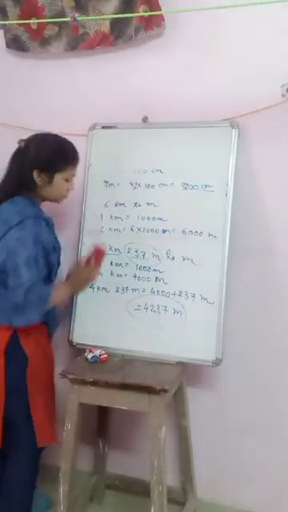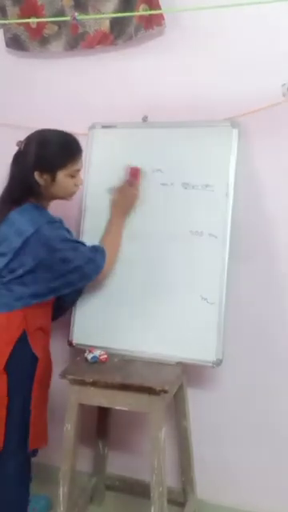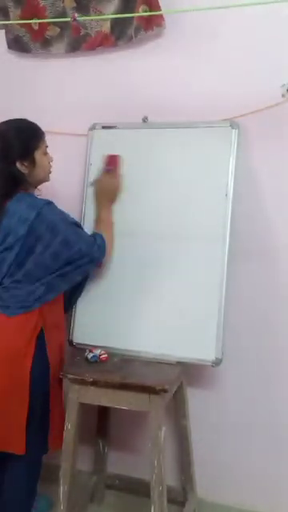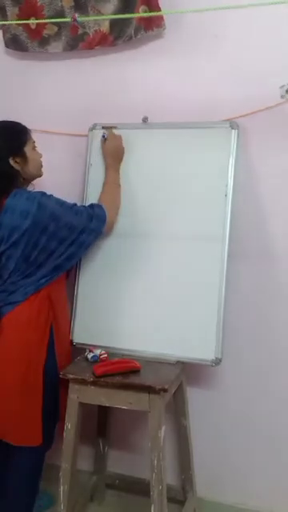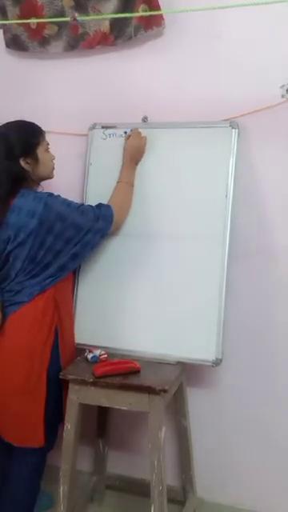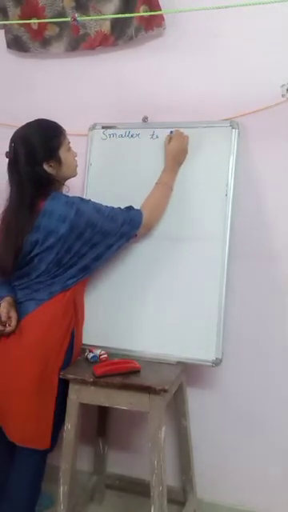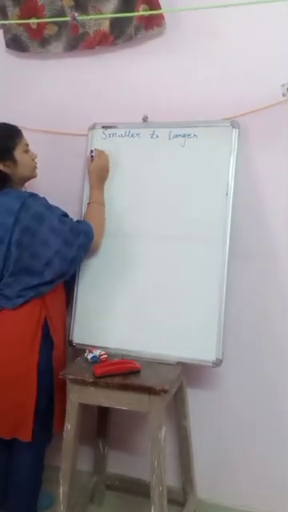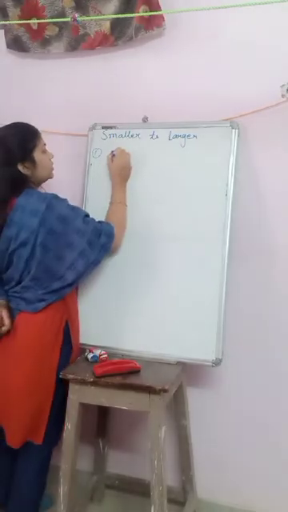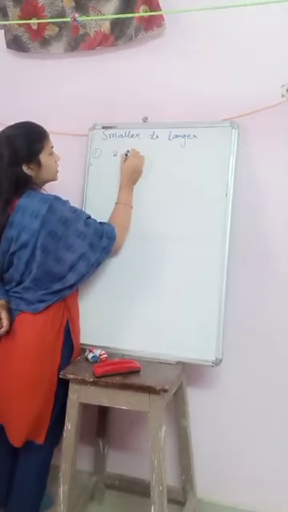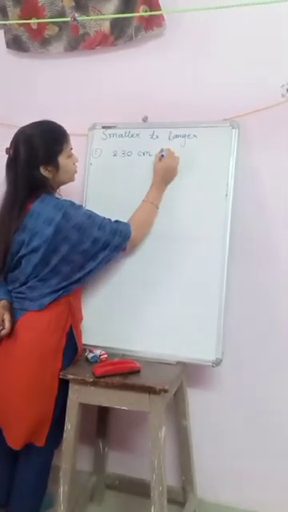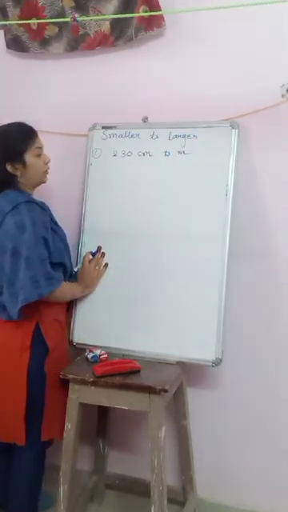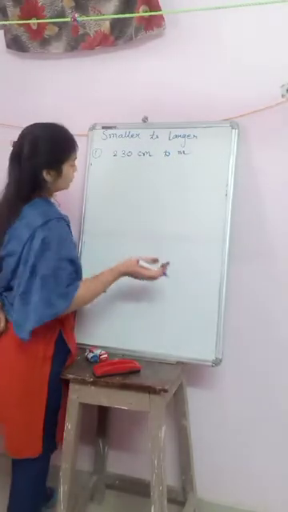Now smaller to the larger. First example, 230 centimeter to meter. Centimeter is given and we have to convert to meter.